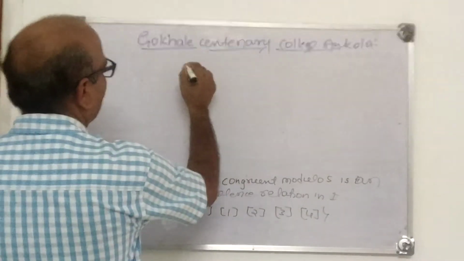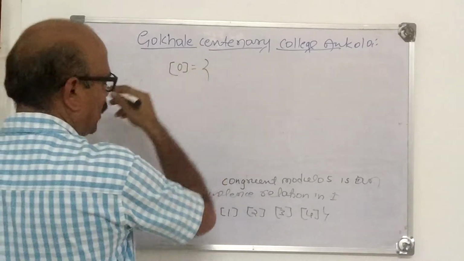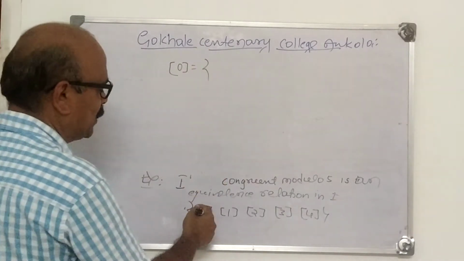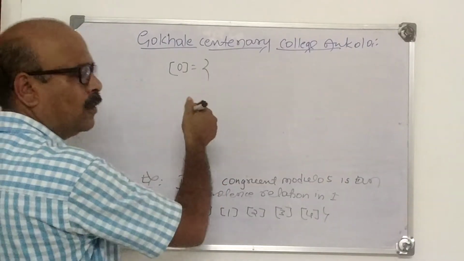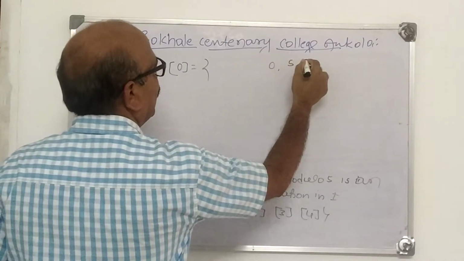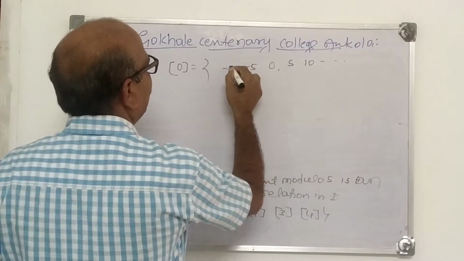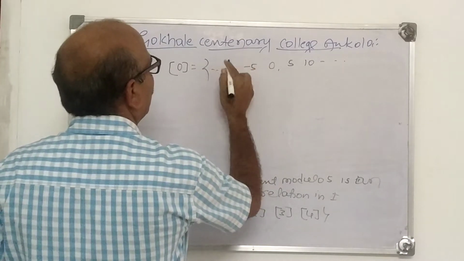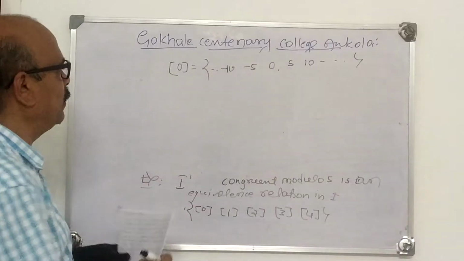This we have already discussed, but let me explain once again. What is this set 0? Here 0 is a set, not a single integer. 0 is 0, 5, 10, and so on, minus 5, minus 10, and so on. It is an infinite set of integers congruent to 0 mod 5.